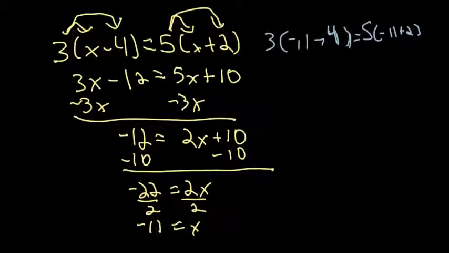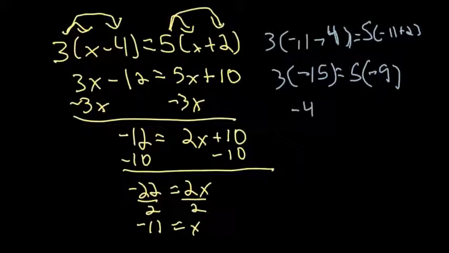Negative 11 minus 4 is going to be negative 15 times 3 equals 5 times negative 11 plus 2 is going to be negative 9. So 3 times negative 15 is going to be negative 45. And 5 times negative 9 is going to be negative 45. So that's a true statement. So I know I solved that correctly.